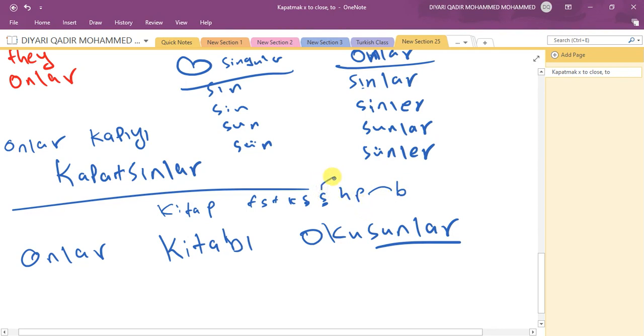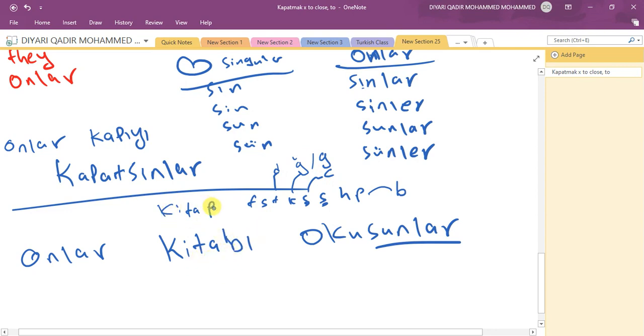This ç changes to c, this k changes to ğ or g sometimes, and this t changes to d, like this. These four letters are altering.